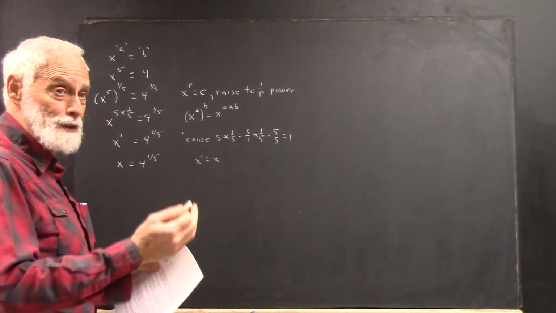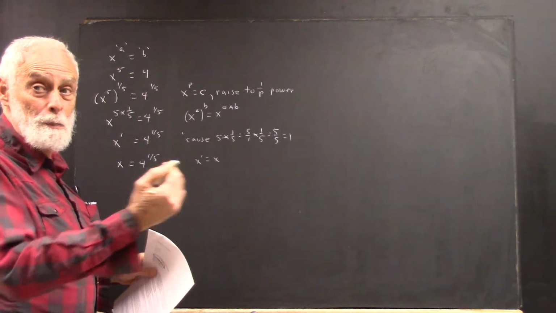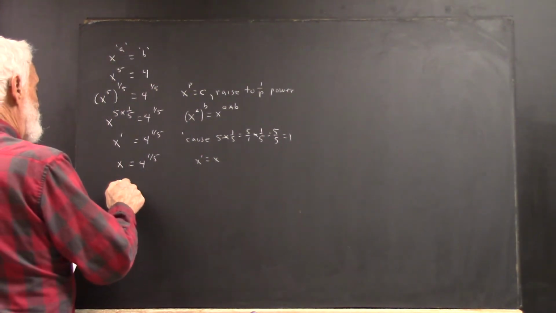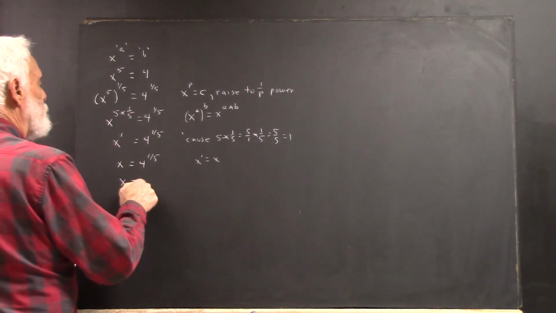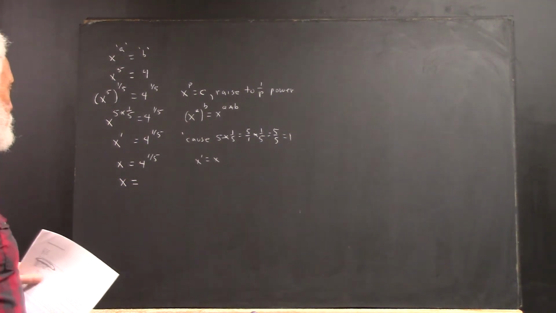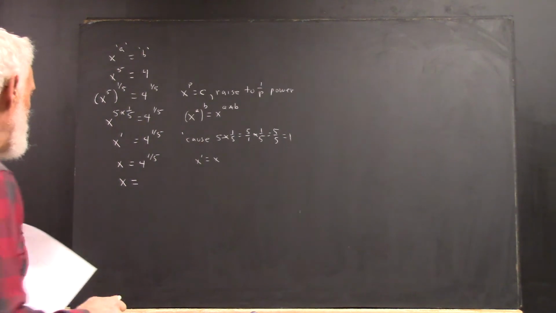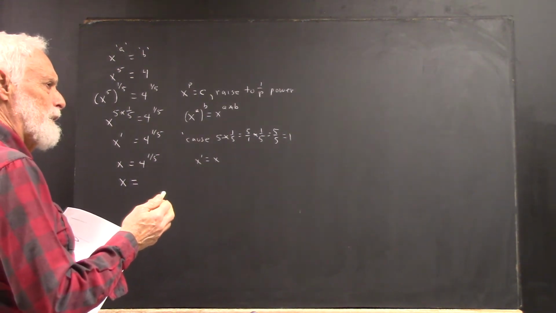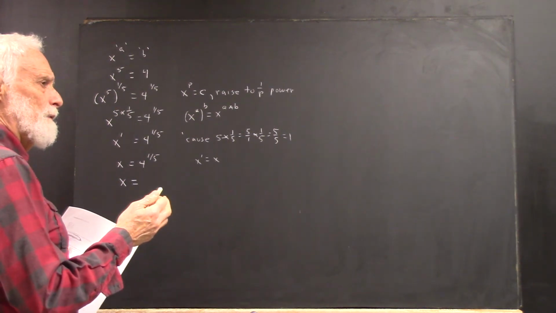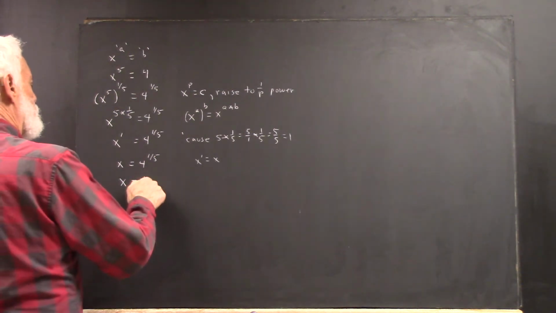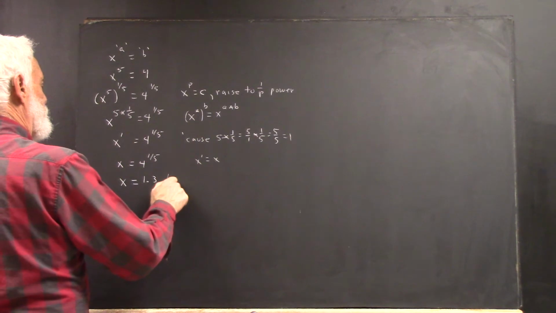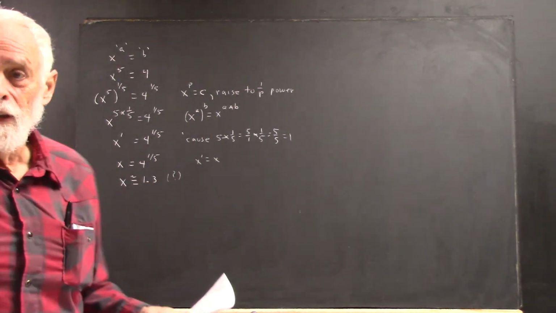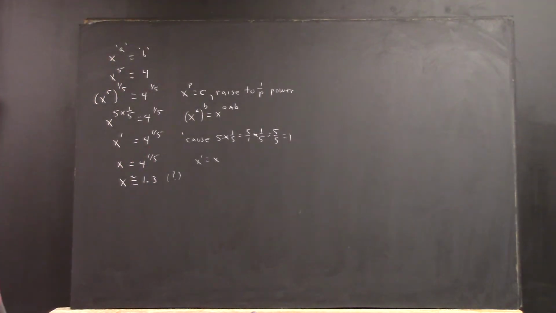And then you get your solution. 4 to the 1/5 would be about 1.3, but with your calculator, you get the exact number.